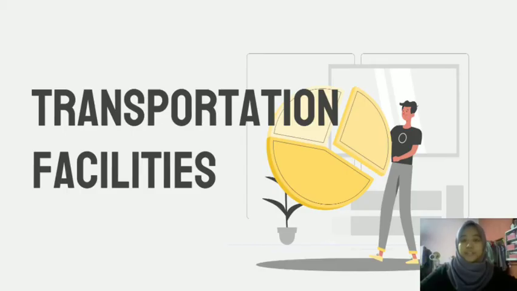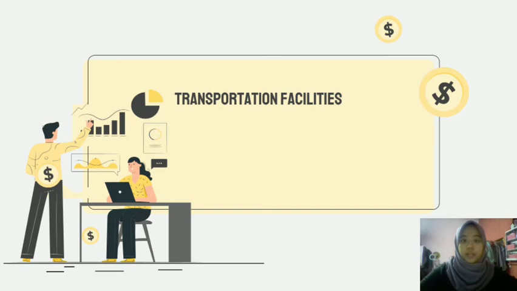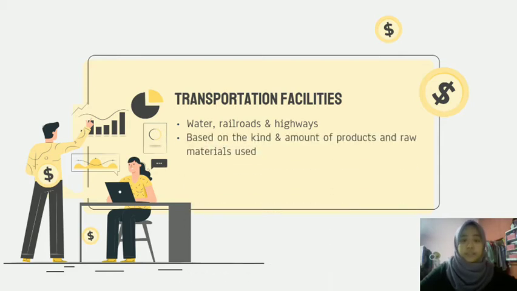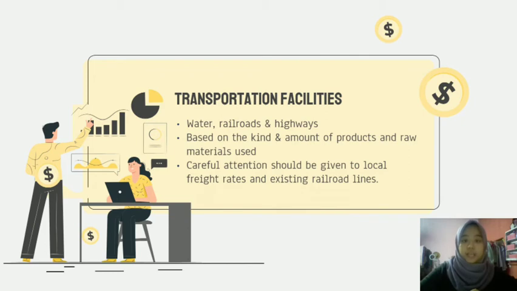The next site selection factor that we have chosen is transportation facilities. Water, railways and roadways are the normal methods of transportation used by major modern concerns. The kind and amount of product and raw material determine the most suitable type of transportation facilities, and in any case, careful attention should be given to local freight rates and existing railroad lines.